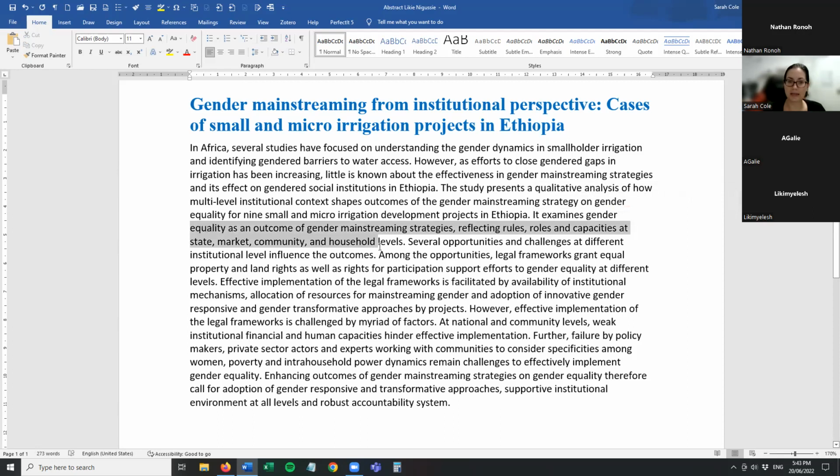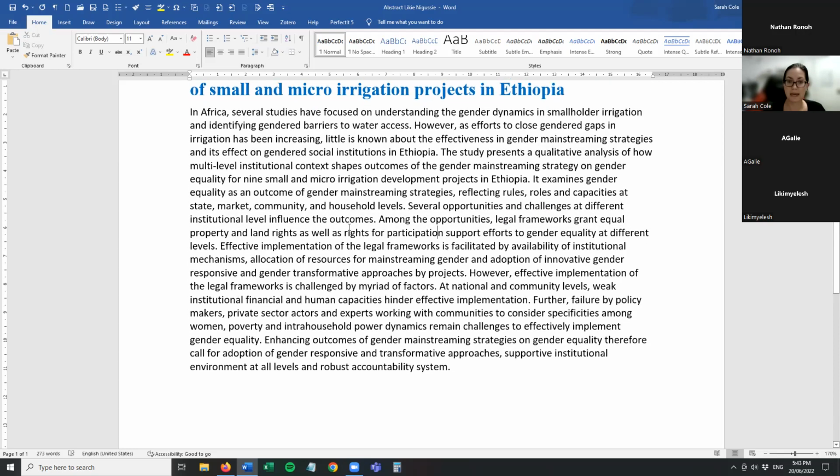They give you an idea about the different variables that they've examined, and then they go into looking at the results. I think this is a good summary. I would have some small changes, but I think it's fantastic. Effective implementation of legal frameworks is facilitated.